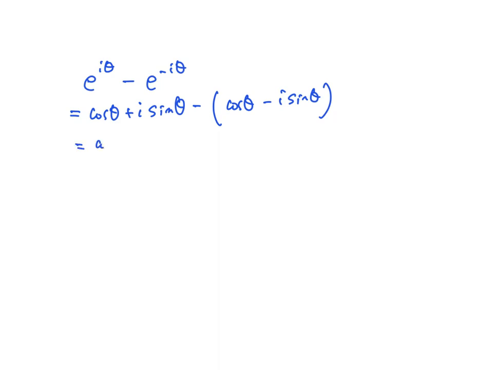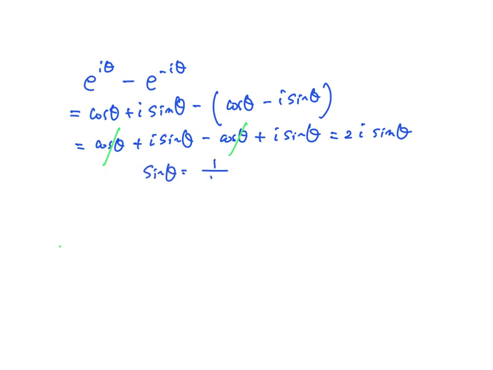So this is cosine theta plus i sine theta minus cosine theta plus i sine theta. Those two cancel each other. We have 2i sine theta. So naturally, sine theta is, you divide by 2i, exponential i theta minus exponential minus i theta.